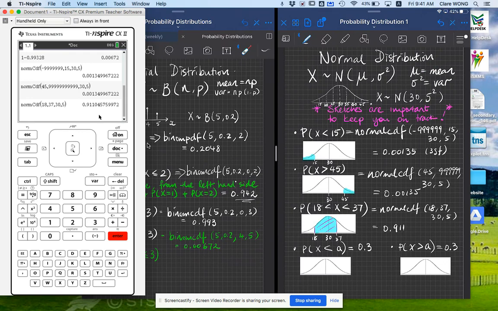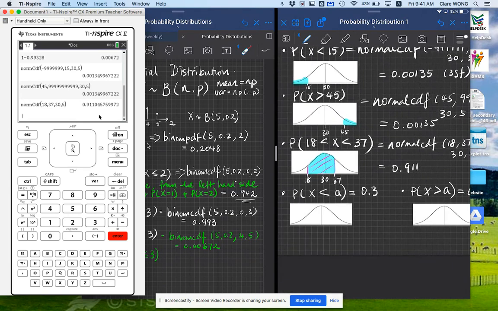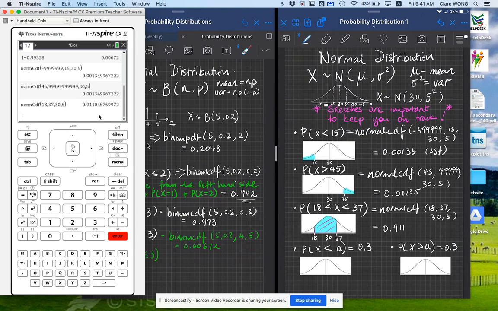The last thing I want to look at with you is this 2. This time, we were told that the probability of x being less than a certain value is 0.3.